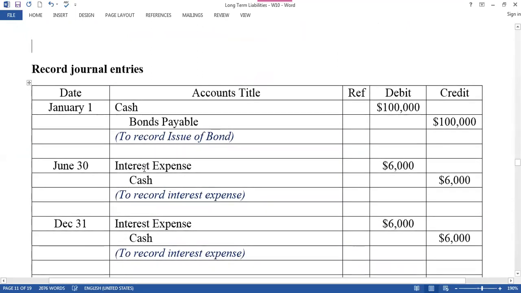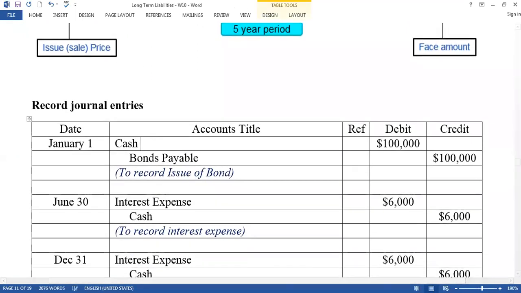First, I told you that we have to compare the present value and we have to compare the face amount. So today you receive cash, right?